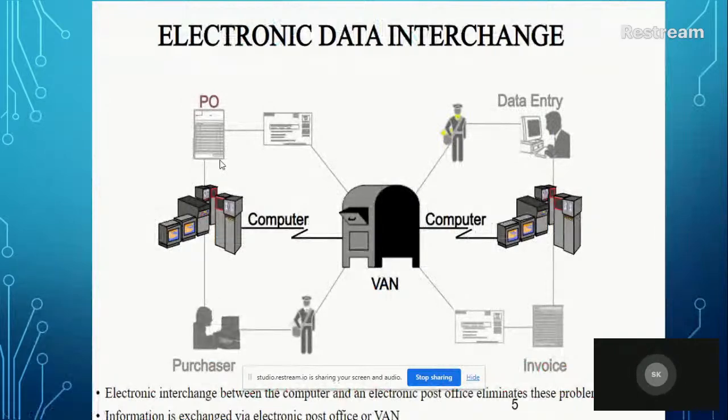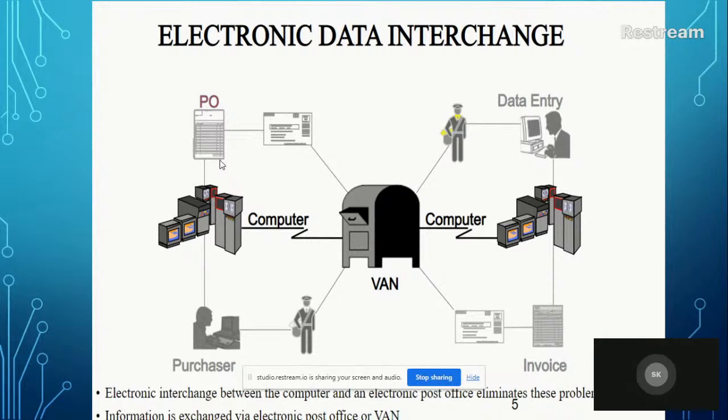We can see in the figure, this is electronic data interchange. Here, this is a computer. The information is exchanged via an electronic post office, or we can call it a WAN. Data is interchanged between the computer and the electronic post office, which eliminates many problems.